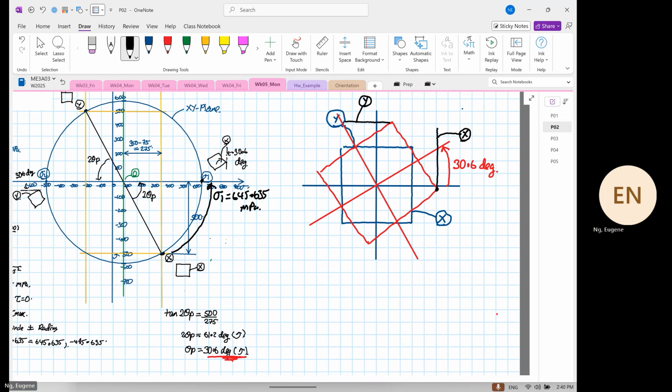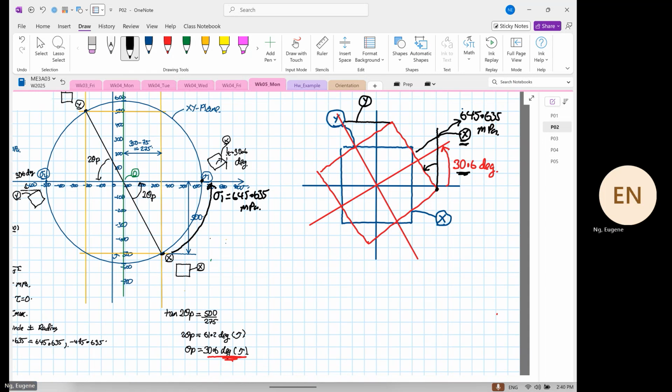On the element, you can see this point X now, yes or no? We are going to rotate by how many degrees? 30.6 degrees, and this value will correspond to a tensile load of 645.635 megapascal. Are we clear? You can see a direct relationship.